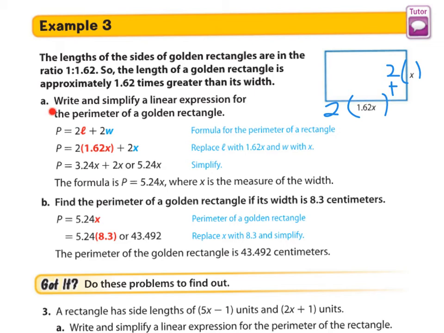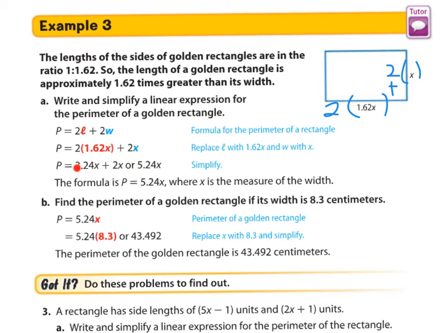Write and simplify a linear expression for the perimeter of the golden rectangle. So what's the perimeter? Perimeter is equal to 2 lengths, 1, 2, and 2 widths, 1, 2. Okay? So 2 times 1.62x equals 3.24x plus 2x.